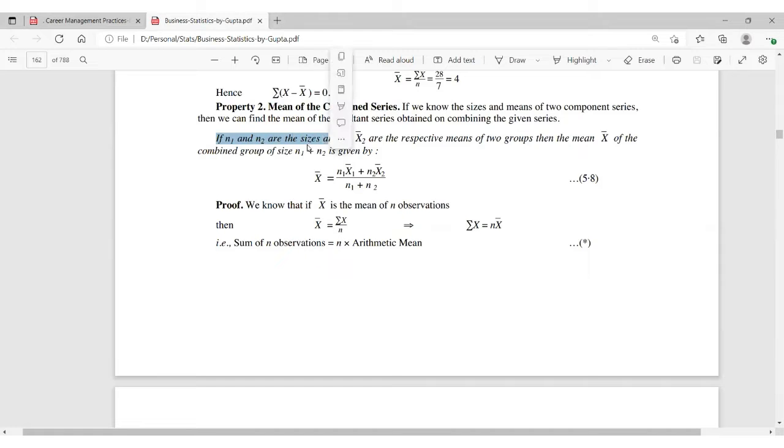N1 and N2 are the numbers of individuals: N1 is the number of individuals in the first series, N2 in the second series. Similarly, x1 bar is the mean of the first series, x2 bar is the mean of the second series. All right? We have to find the combined mean. The formula for the combined mean is N1 x1 bar plus N2 x2 bar upon N1 plus N2.